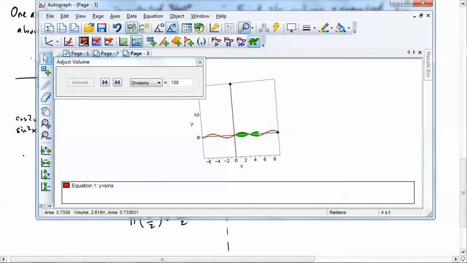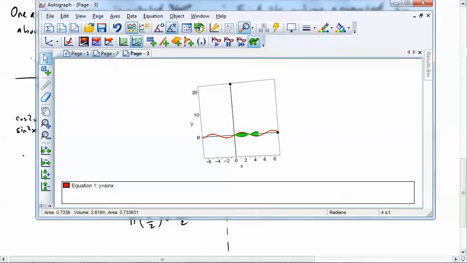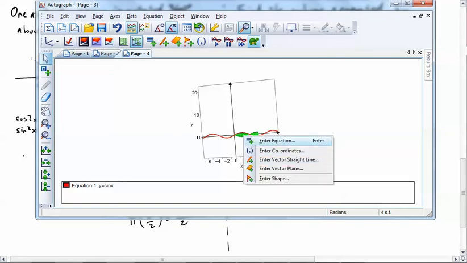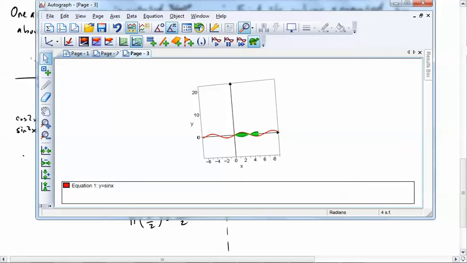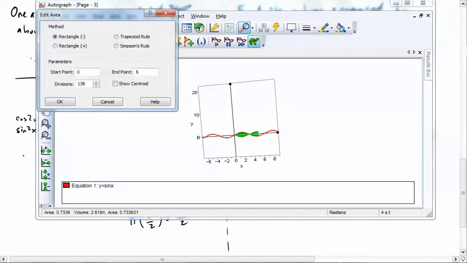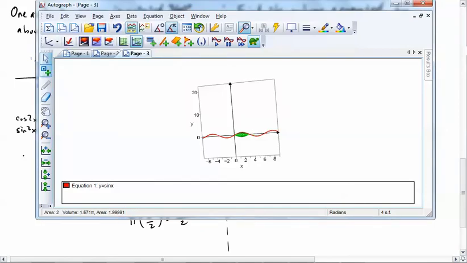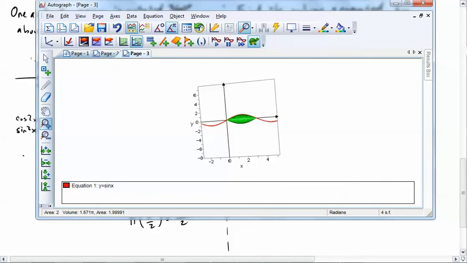So let's go ahead and get rid of our area here. Okay, so we're going from 0 to pi. We'll stick with the rectangles for now. Alright, we can zoom in a little bit so we can see that better.